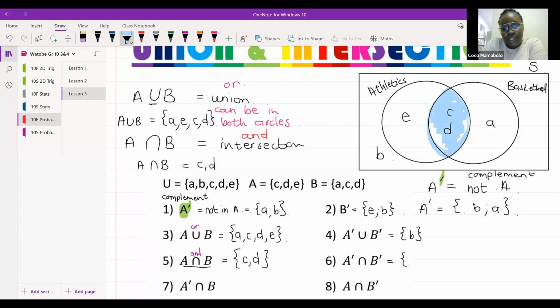What do we have left? E and A and B. Correct, because those are the things that are not included. If I take A intersection B, I would have to find only the middle part. Correct? Yes, ma'am.